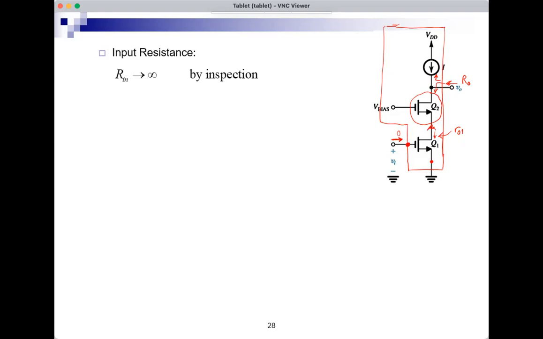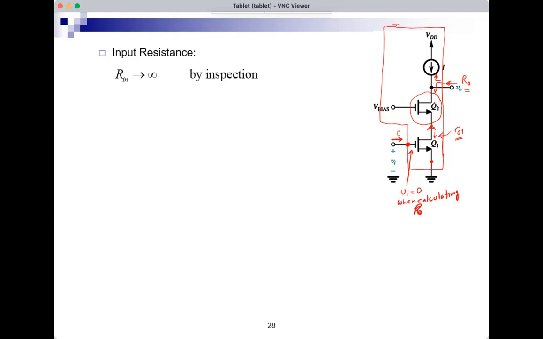This is true because in RO calculation, VI is 0. If there is an input signal, I cannot say that I see small RO1. But if VI is 0 when calculating big RO, then when I look into the drain of Q1, I will see small RO1.